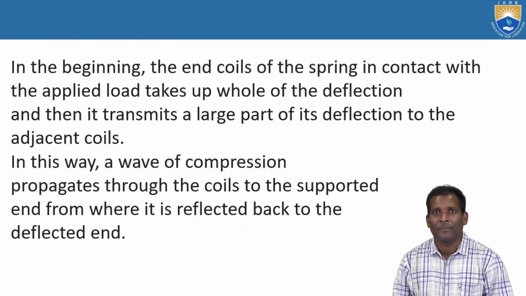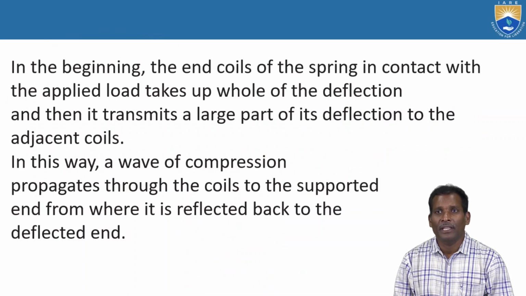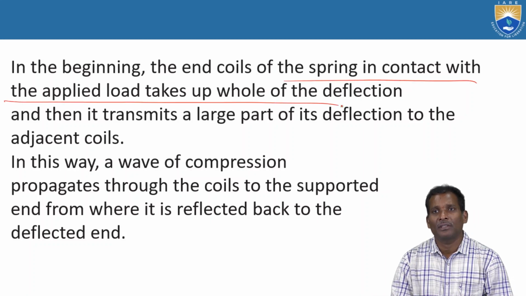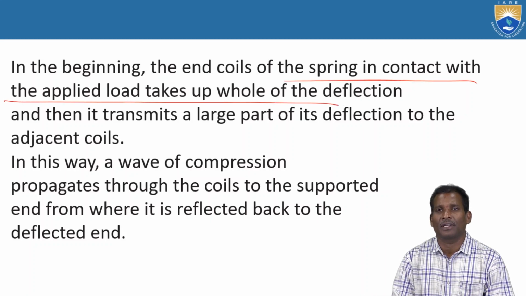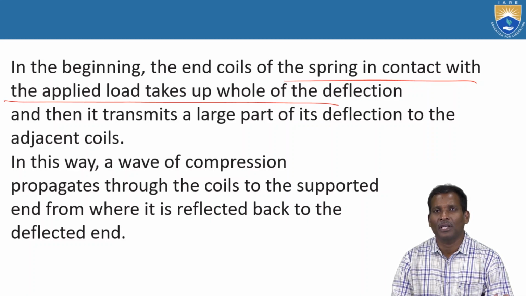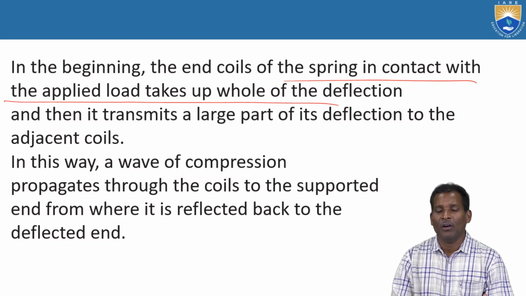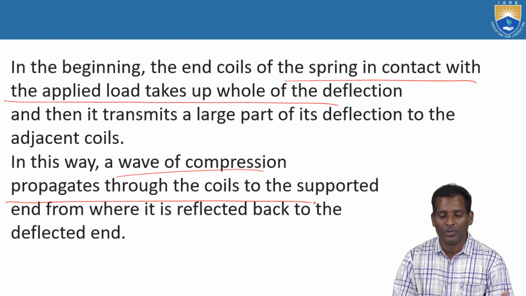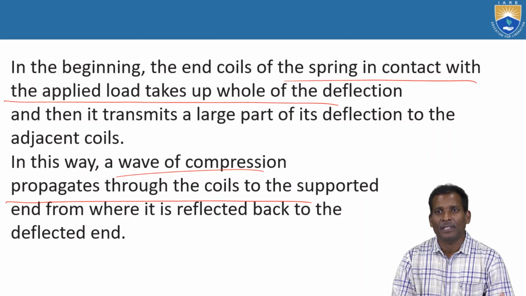So what will happen? In the beginning, the end coils of the spring in contact with the applied load take off the whole of the deflection. It transmits a large part of its deflection to the adjacent coils in the beginning. The wave of compression propagates through the coils to the supported end, and from there it is reflected back to the deflected end.